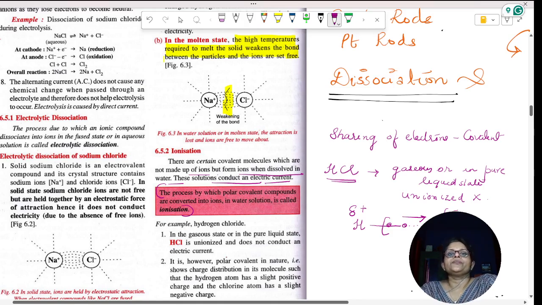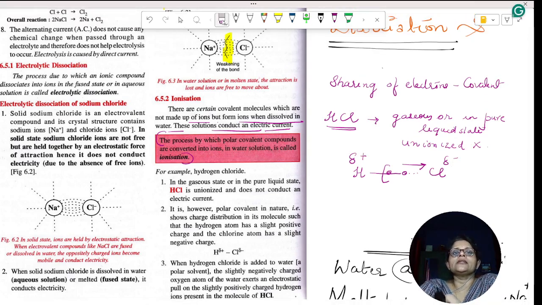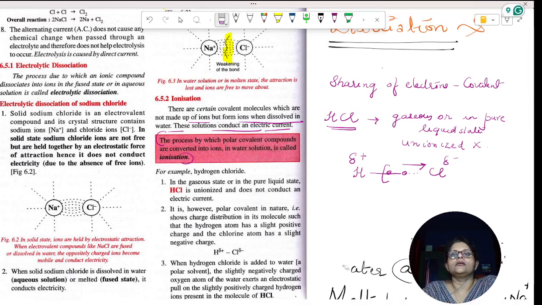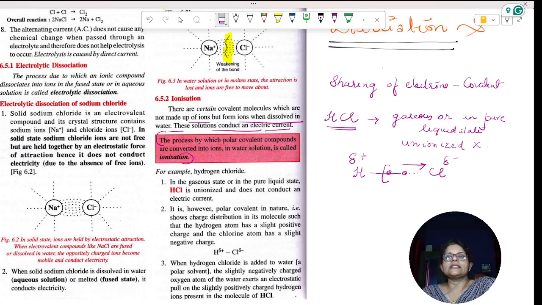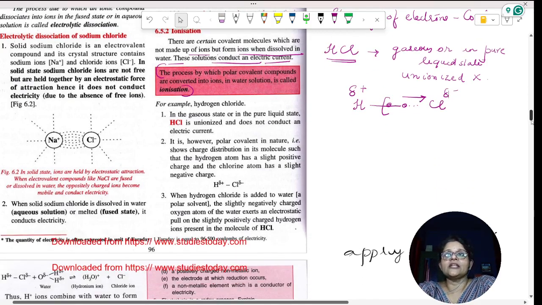Okay, so they are polar covalent in nature, and thus the charge distribution in the molecule will be such that the hydrogen atom is slightly positively charged and the chlorine atom is slightly negatively charged. And when water is added, water is also again polar. The water also has a positive and negative side.